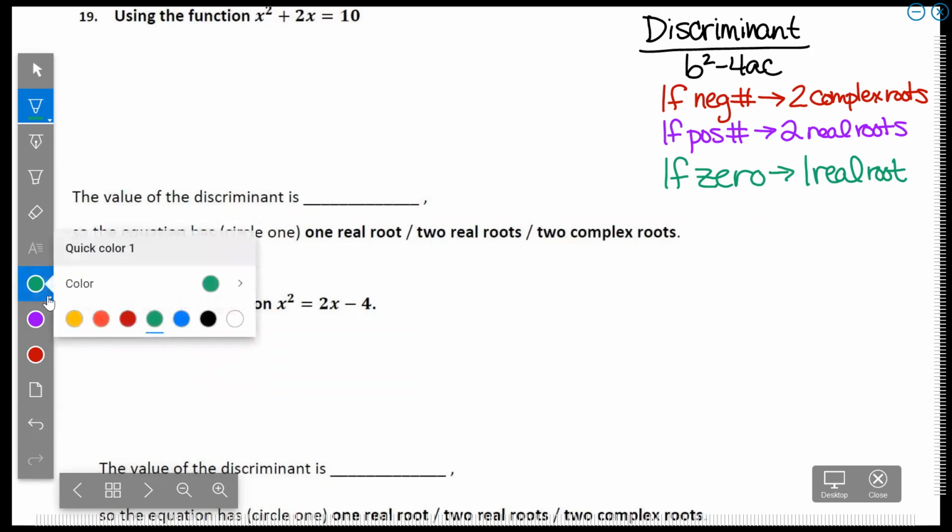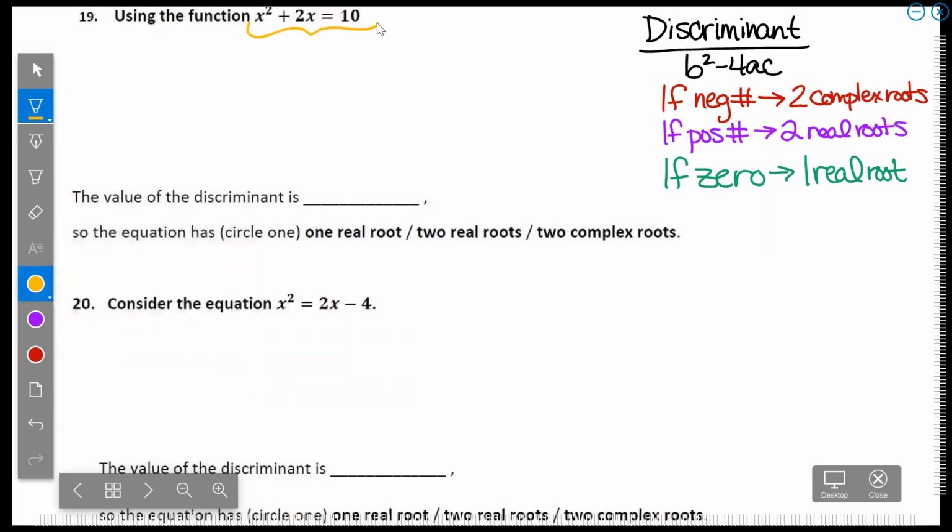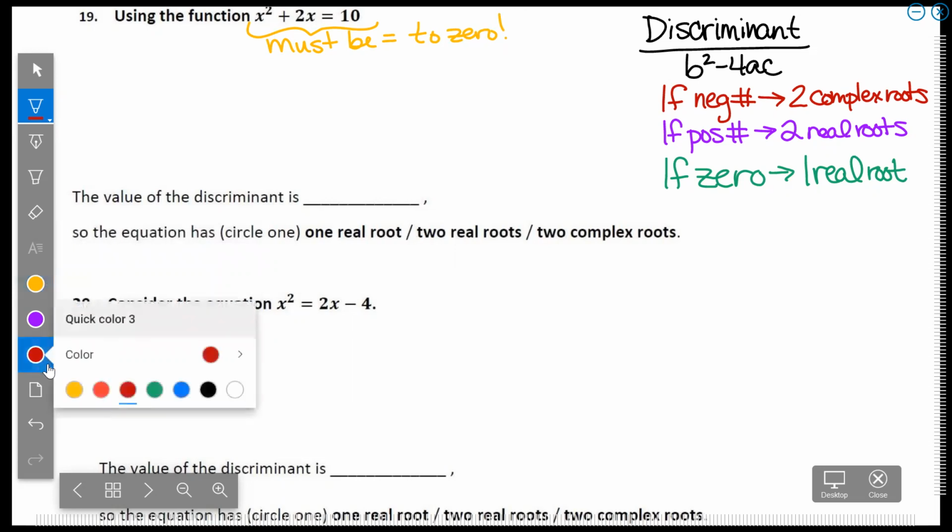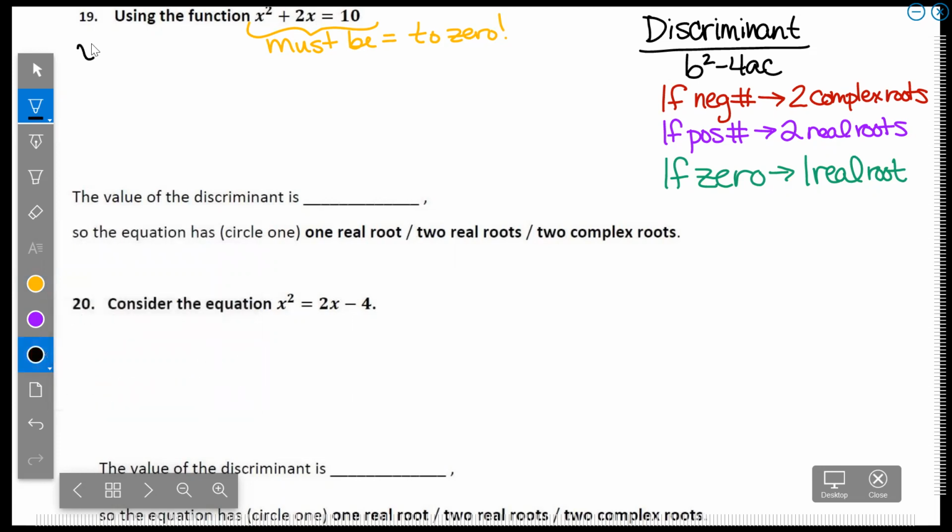Before I can substitute into the discriminant, this right here must equal 0. So how do I get that equal to 0? Minus 10 on both sides. So I have x squared plus 2x equals 10.